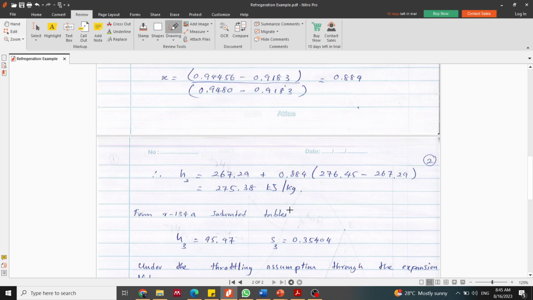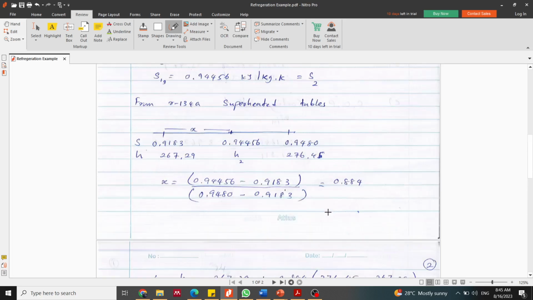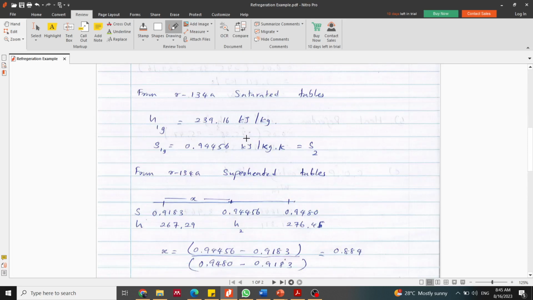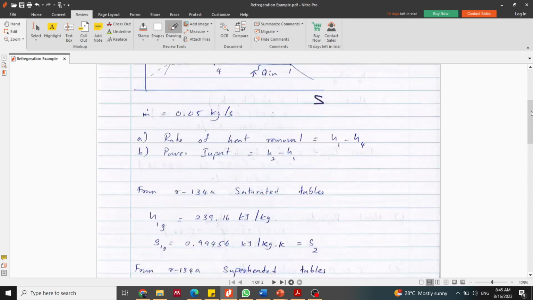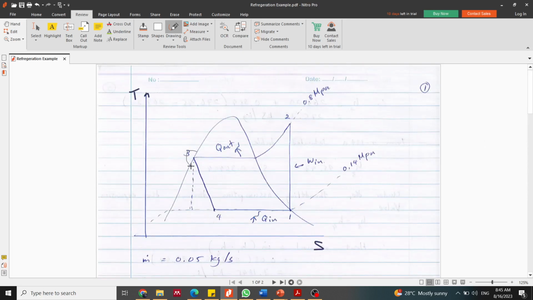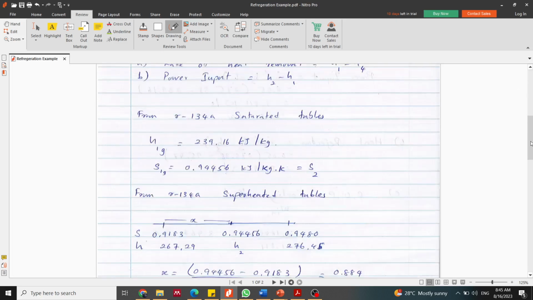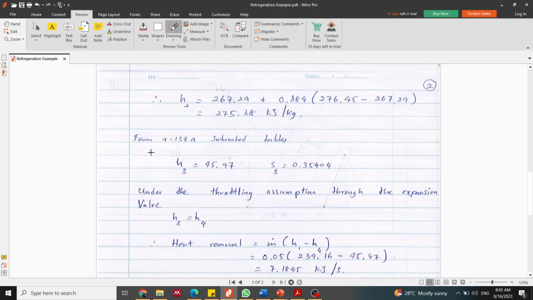The next thing is H3. If we look at the H3 value, we know the exact point. H3 is in here, in 100% liquid under 0.8 megapascal, saturated 100% liquid. Therefore we can refer to the R134a saturated table.